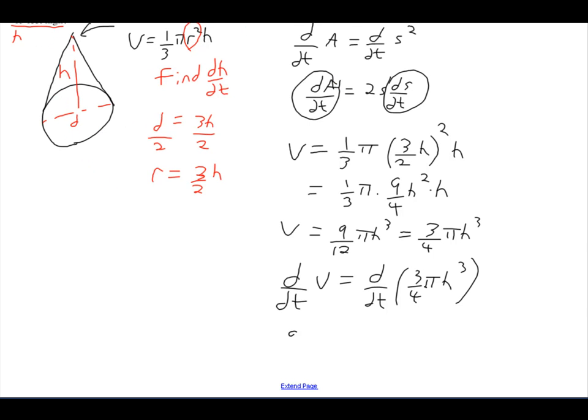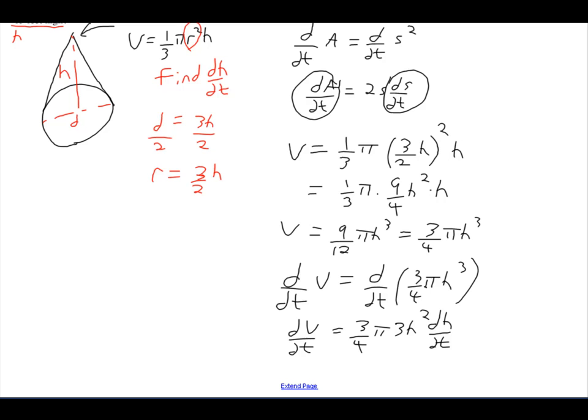We'll just get dv over dt. And on the right side, 3/4 times pi is a constant multiple, so we'll just leave that there. The derivative of h cubed, just use our power rule. Pull the 3 down, drop the power 1. But since we're taking the derivative of h with respect to t, using implicit differentiation, we multiply by dh over dt.